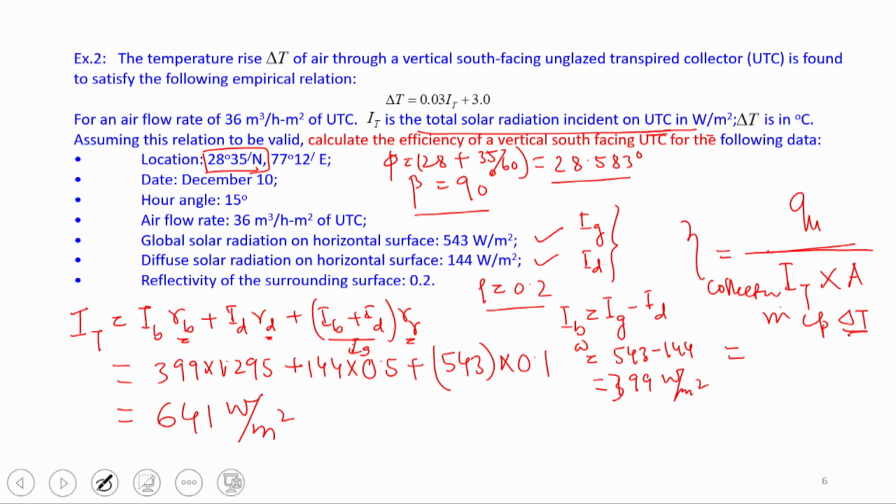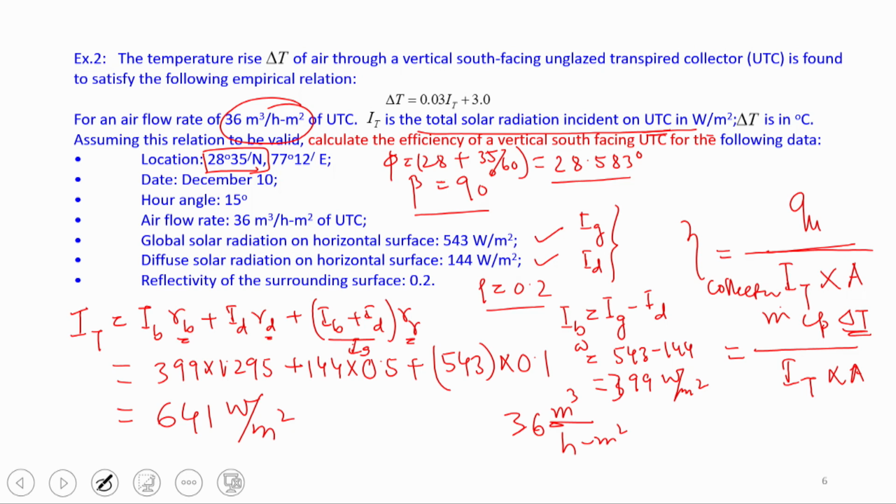Okay, so dT has to obey this, and then you have IT then A, but what is given to us is 36 cubic meter per hour per meter square.